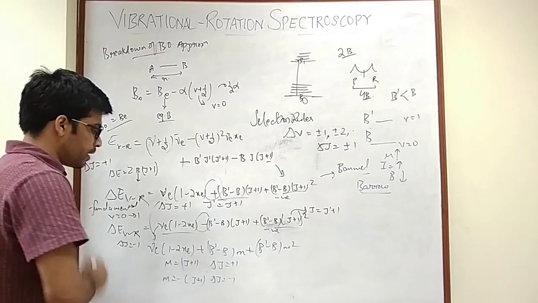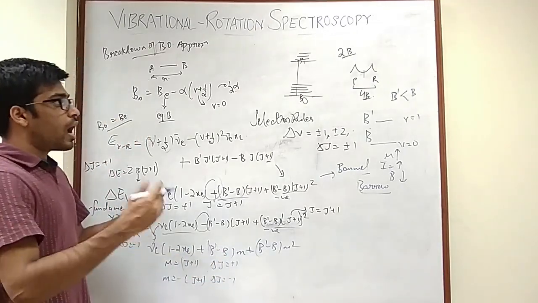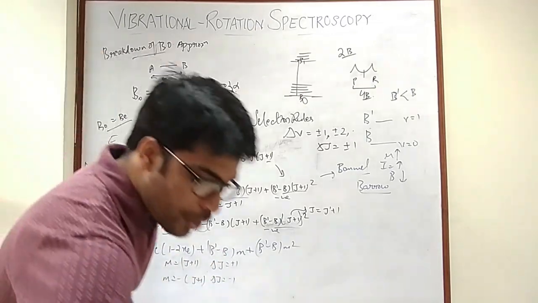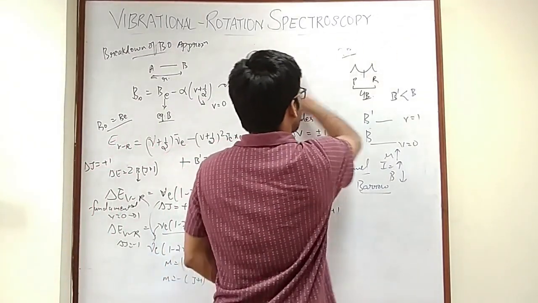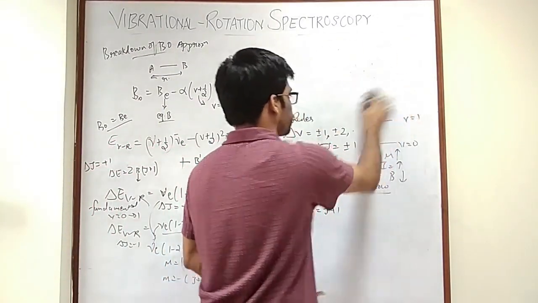From both of these we can make a common formula. But how is the plot going to look, or how is the spectra going to look?